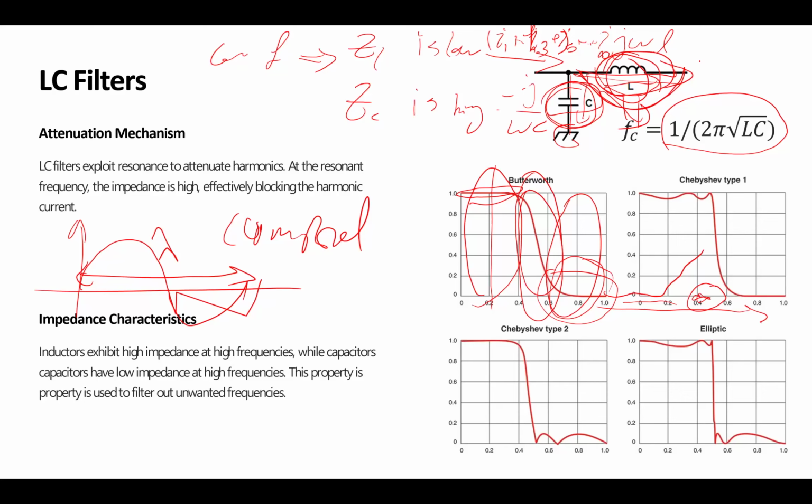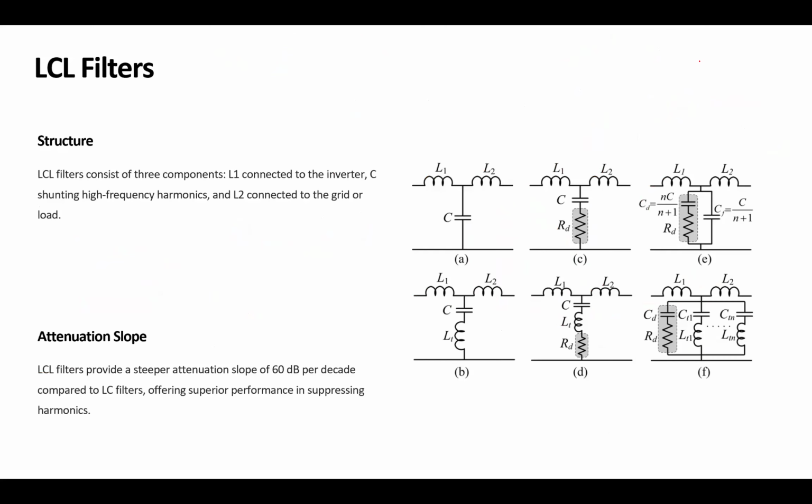So this is the LC filter and the practical point of how to define the LC filter. The next type of filter that we could have is LCL. Now we have 2 L, 1 C. You might see that I have an R. We are going to talk about why this R is there later on. But the LCL filter is another type of filter.